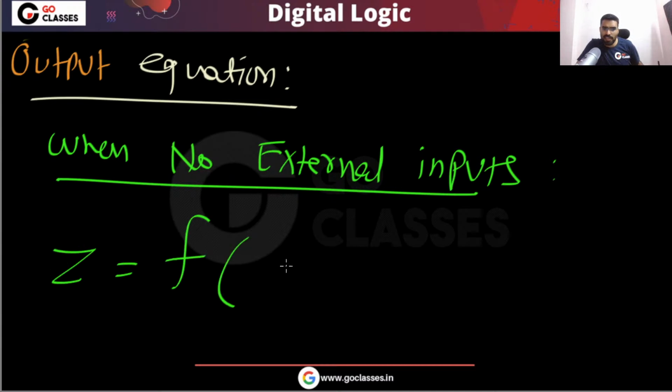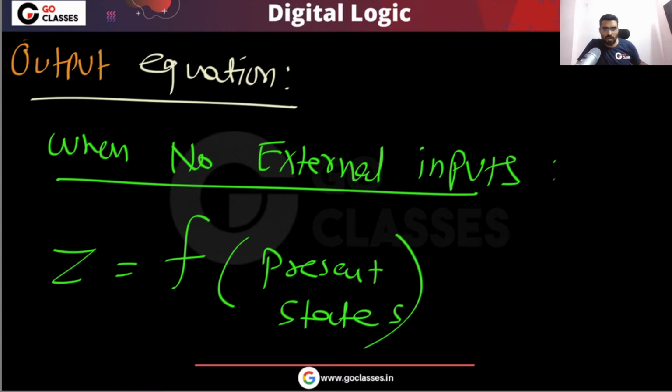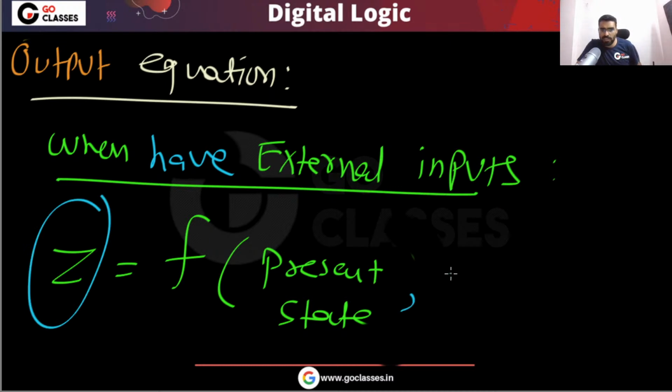The output equation will be a function of present states. Similarly, if we have external inputs, then only this situation will change: the output will be a function of present state, comma, external inputs.